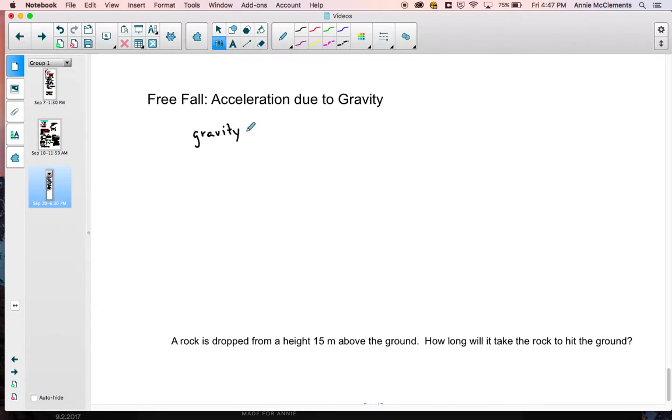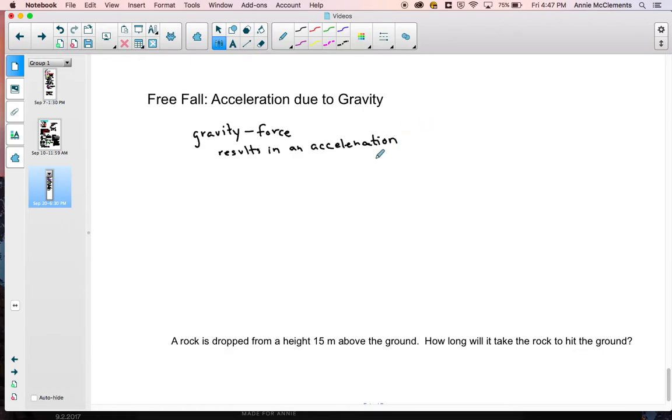Gravity is a force. We'll talk more about that in our next unit. But the force of gravity results in an acceleration.